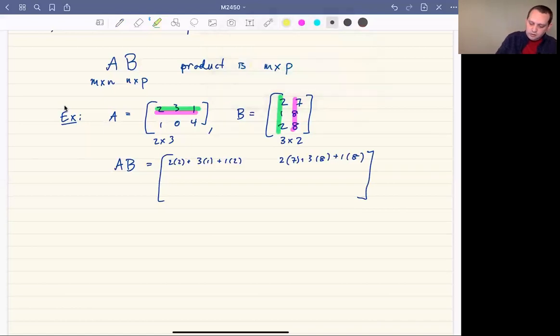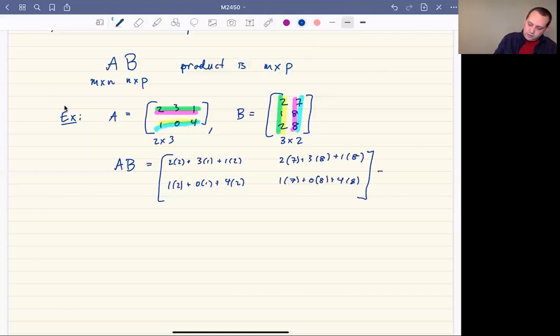We'll take the second row of A times the first column of B, so we'll get 1 times 2 plus 0 times 1 plus 4 times 2. And then finally, we'll take the second row of A and the second column of B, multiply them together in this way. We'll get 1 times 7 plus 0 times 8 plus 4 times 8.